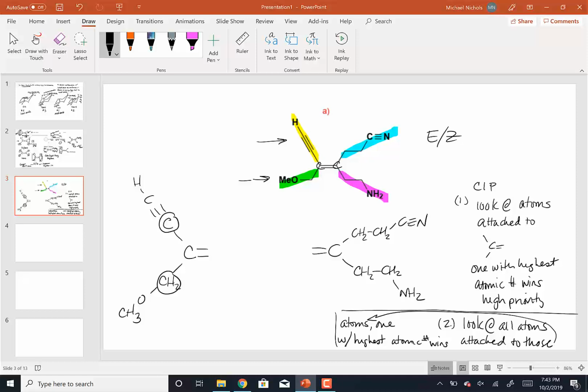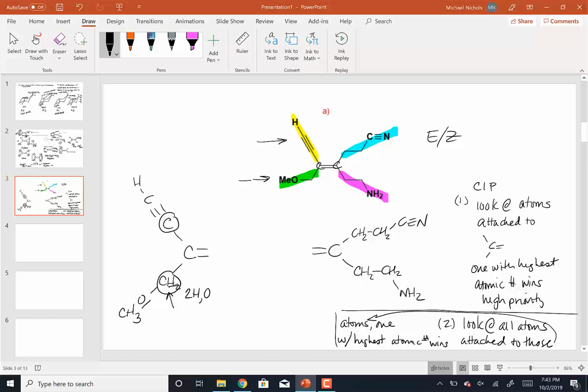Now I'm going to look at the atoms that are attached to this carbon. And what do I have? 2 hydrogens and an oxygen. I'm already taking into account the fact that both these carbons are attached to the C double bond O, so I'm forgetting about that. So I have 2 H's and an oxygen.